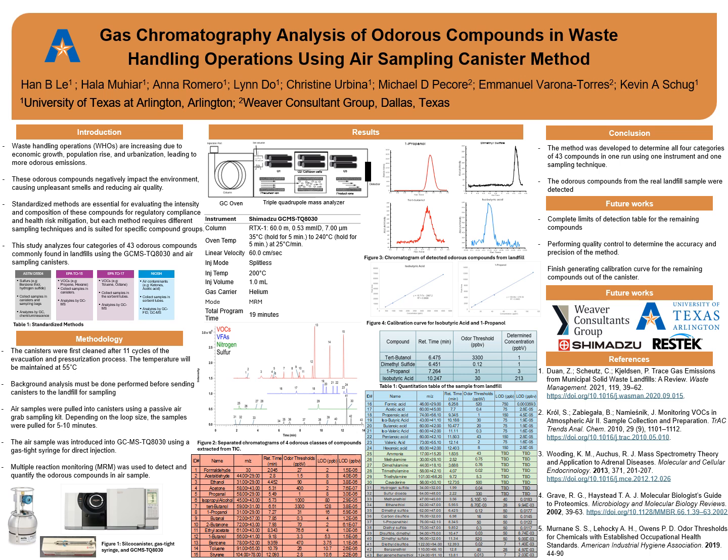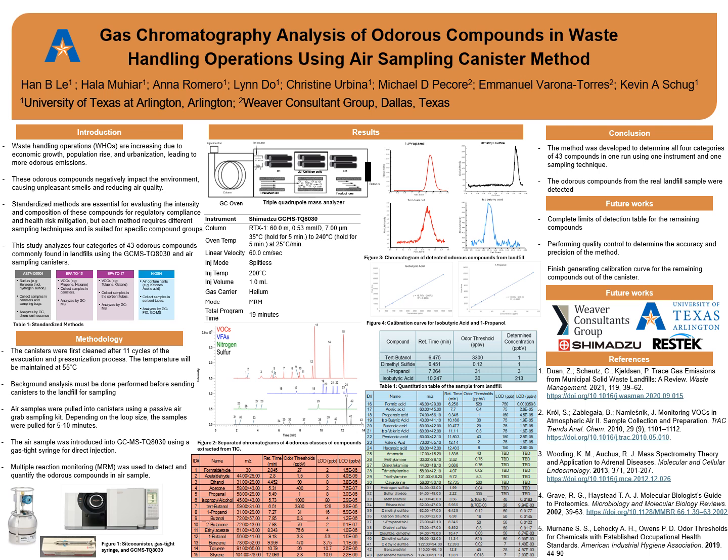Here is the list of the 43 odorous compounds divided into 4 different groups: VOC, VFA, nitrogen, and sulfur. VOC is volatile organic compounds, VFA is volatile fatty acid compounds, and here are separate chromatograms of the 4 categories of 43 compounds that I extracted from the total ion chromatogram.